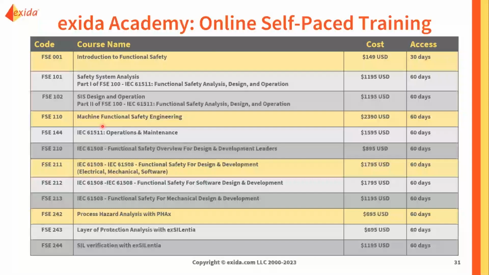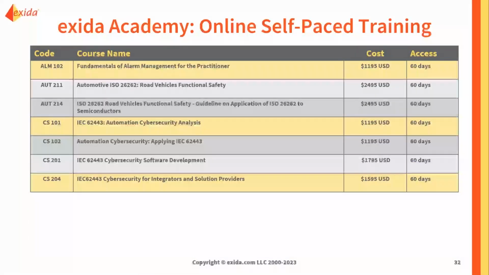So this is available online to get started in a self-paced format to start building those competency areas if you or someone else on your team is interested in getting more involved in machine safety. We have a number of other courses as well, including a variety of cybersecurity, alarm management, and other courses in addition to the functional safety.